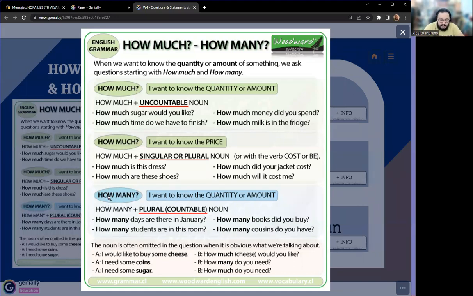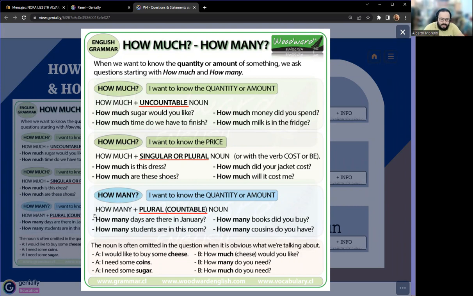How many se utiliza con los sustantivos contables en plural. ¿Por qué en plural? Porque si habláramos de uno, ya conocemos la cantidad. Se supone que no se conoce la cantidad, es por eso que se pregunta. Por esa razón, los sustantivos deben estar en plural, pero deben ser contables.